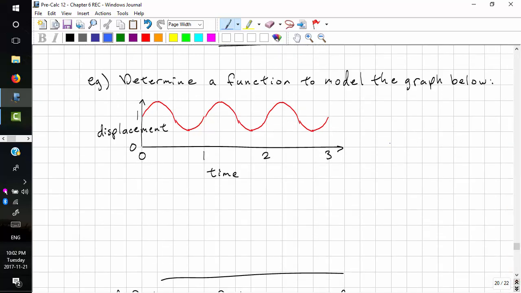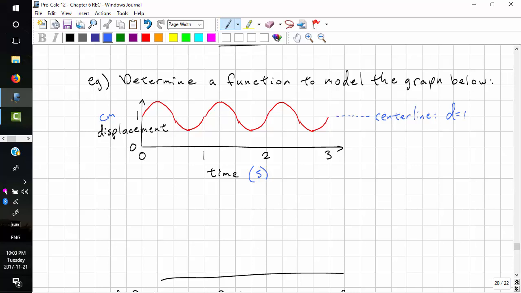Example: determine a function to model the graph below. On the vertical axis, we have displacement. Here we have time. It doesn't specify the units, but we could say this is seconds and this is centimeters. Here we have the center line, D equals 1.